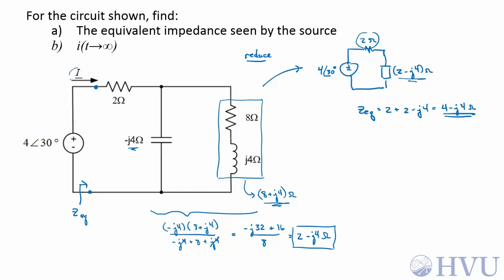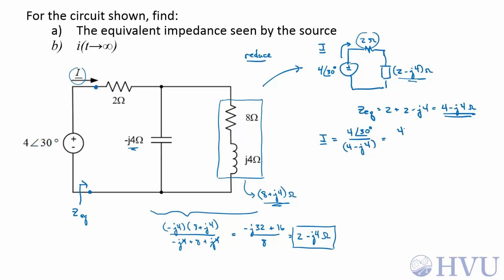Now we want this current as t goes to infinity, so this current phasor is going to be the voltage at an angle of 30 degrees over the equivalent impedance, which is 4 minus j4 ohms.